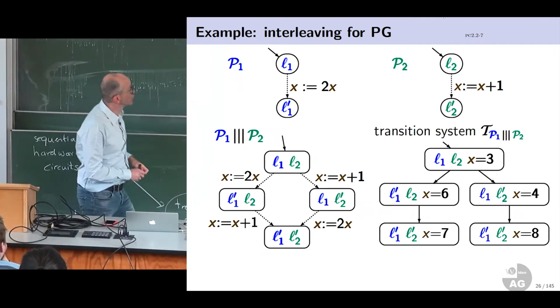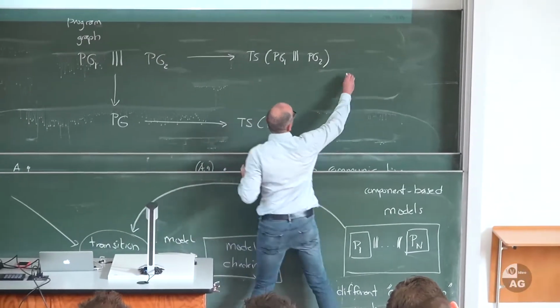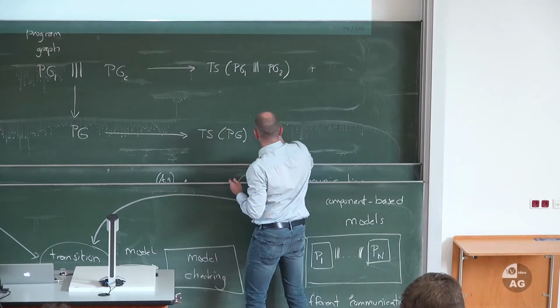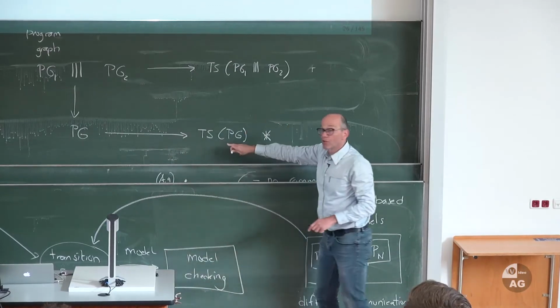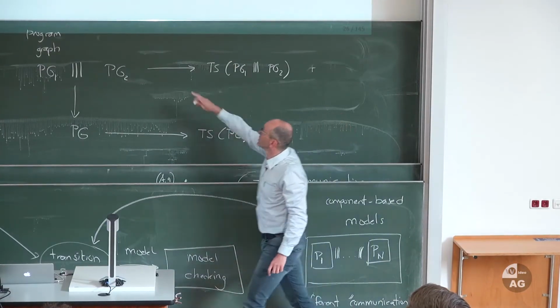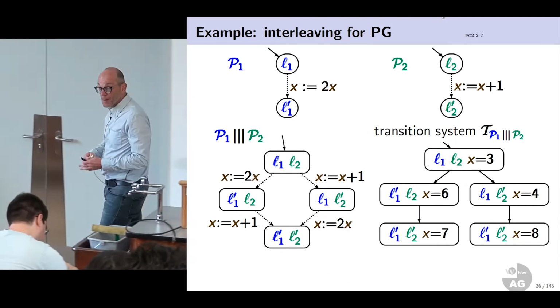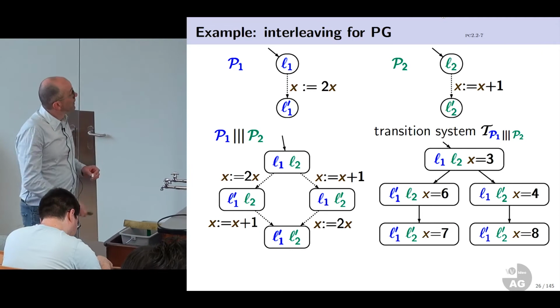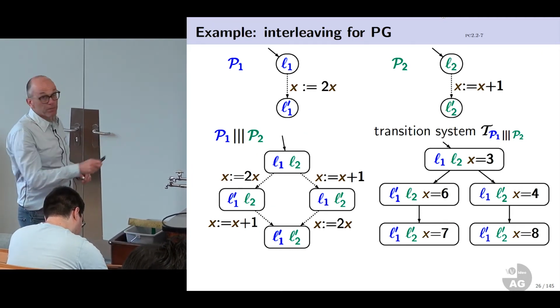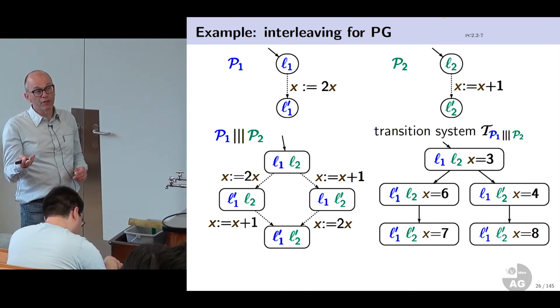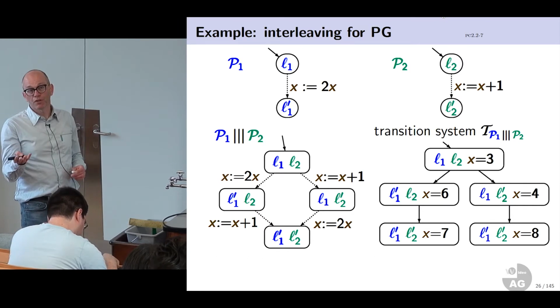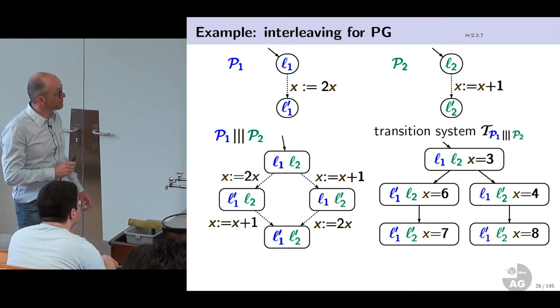So now what I'm going to show you is the transition system of this program graph. So I take the program graph which is on the left bottom of my slide. And what we're going to do is apply the mapping that we have seen in the previous lecture. What is the transition system underlying this program graph?